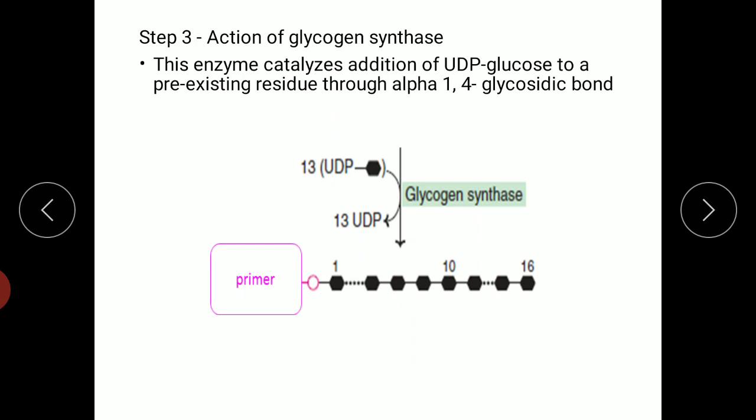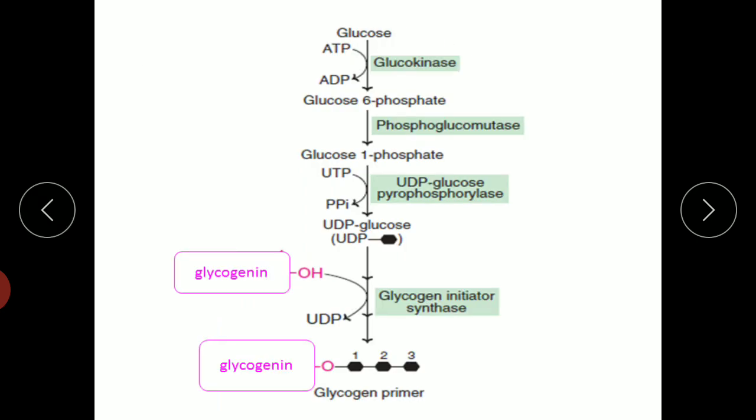Now the elongation will happen, that is using the enzyme called the glycogen synthase. In the previous step, you can see the enzyme glycogen initiator synthase, which is an autocatalyzed reaction. Glycogenin itself acts as the enzyme, so you need not specify this, no problem, because it autocatalyzes the reaction.